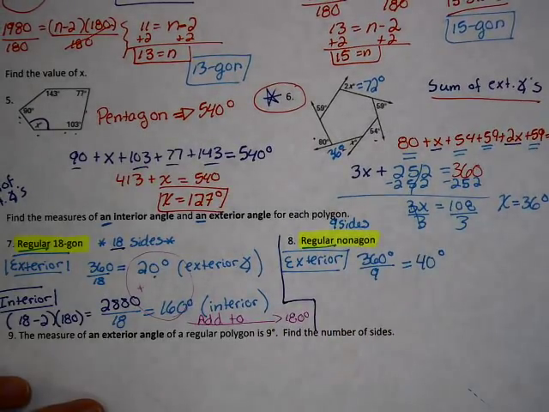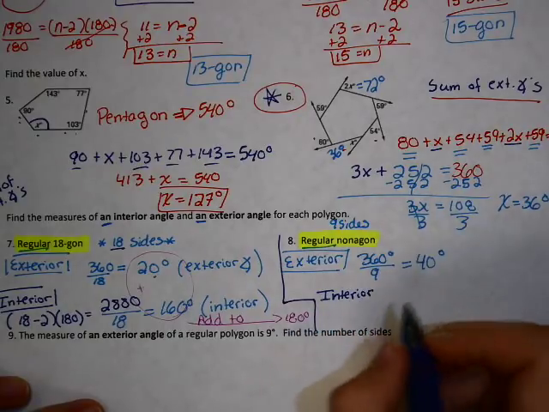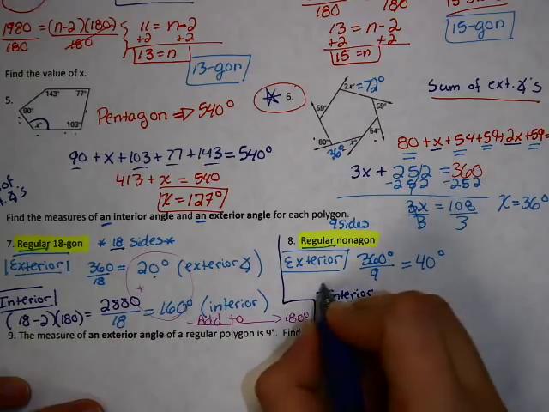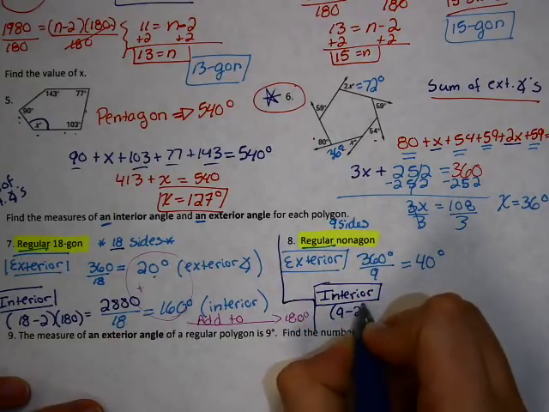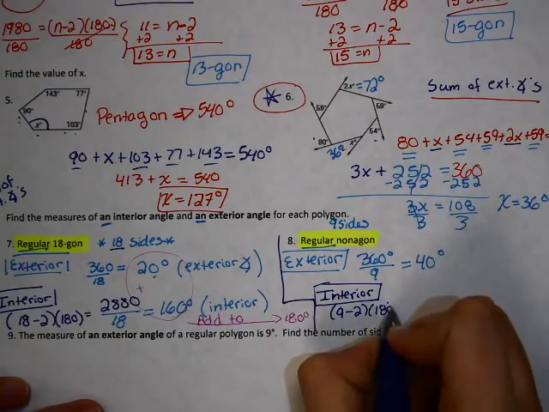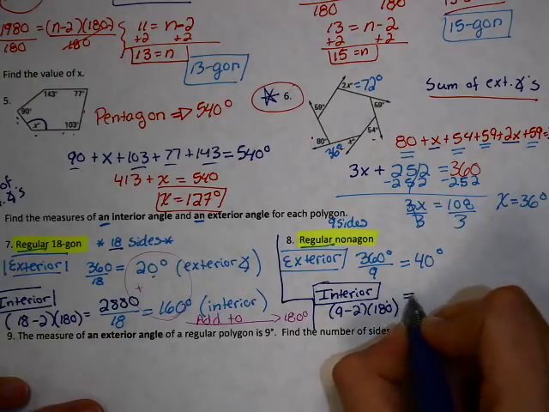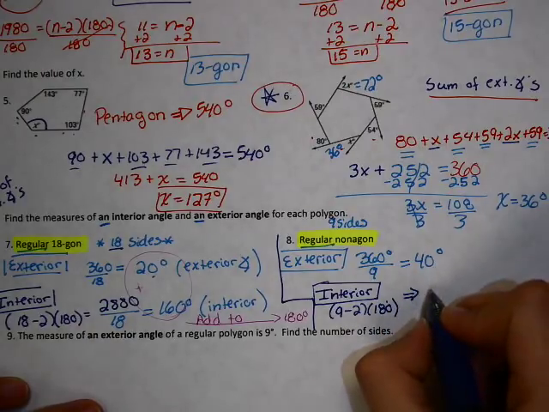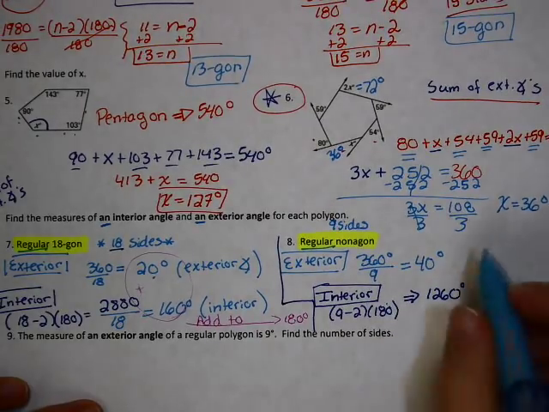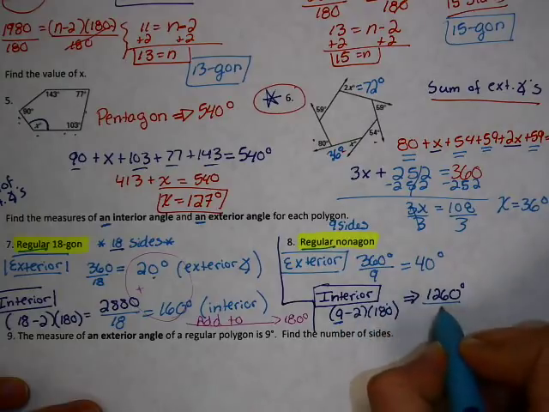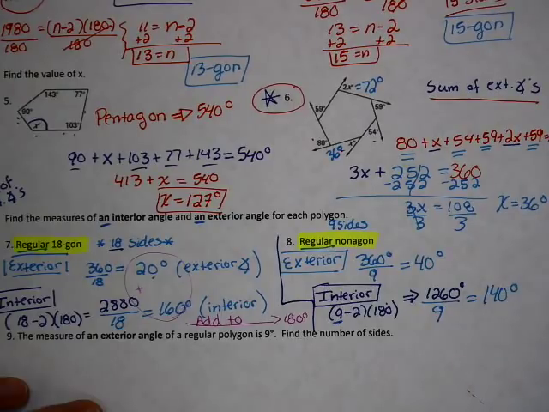For my interior angle, I'm going to start out the same way by taking 9, the number of sides, minus 2, times 180. That gives me the total sum of the interior angles, which is 1,260 degrees. Then I'm going to divide that by the number of sides, which is 9, and I get 140 degrees.